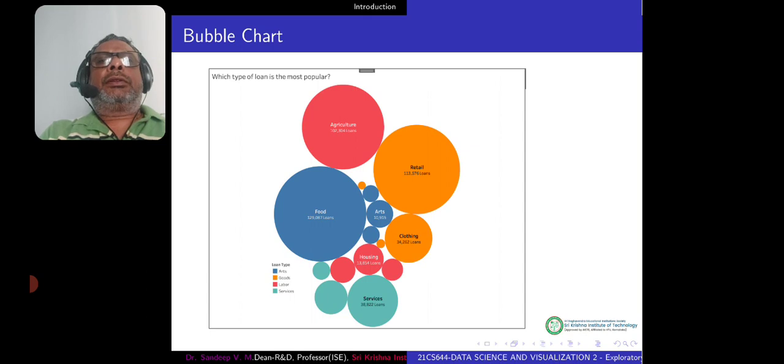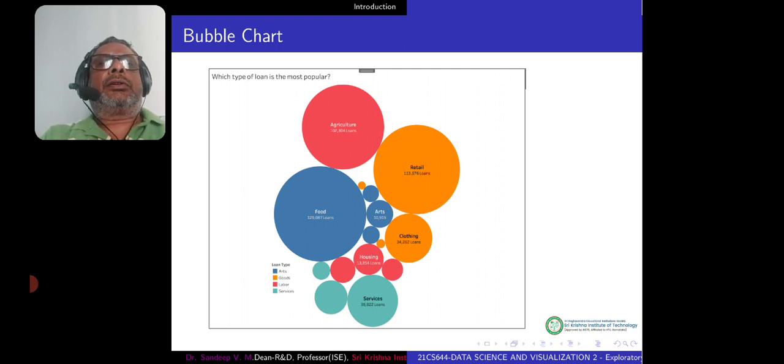The next one is a bubble chart. So bubble chart usually is working with multi dimensions. So here the x-axis is one dimension, y-axis is another dimension.